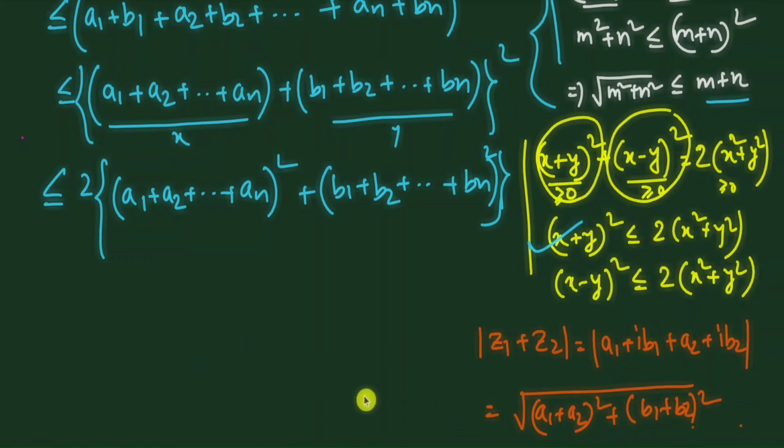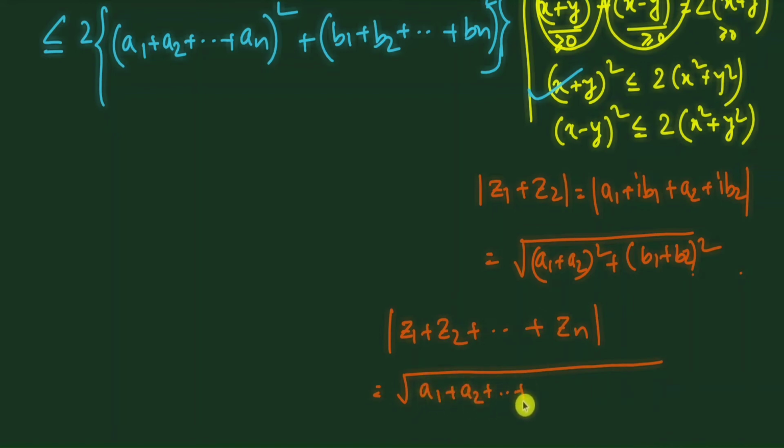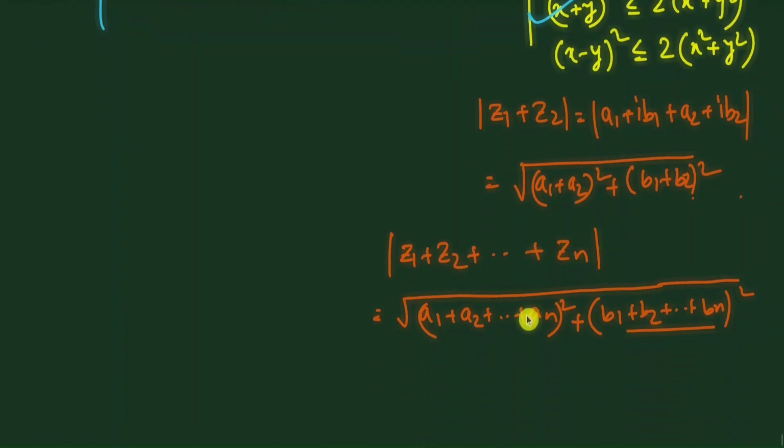So in general, the modulus of z1 plus z2 plus dot dot dot plus zn is equal to root under a1 plus a2 plus dot dot dot plus an whole square, this is the real part, plus b1 plus b2 plus bn whole square, these are the imaginary part of the modulus of z1 plus z2 plus zn.